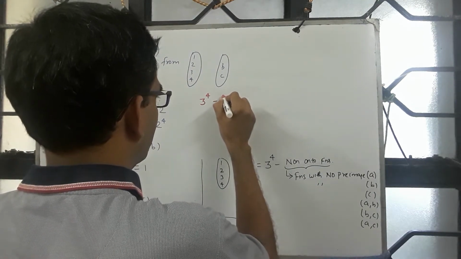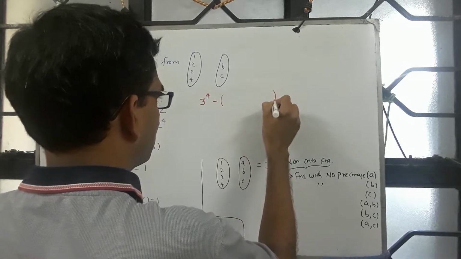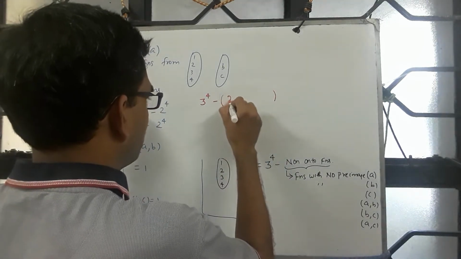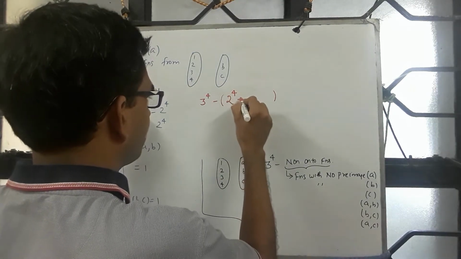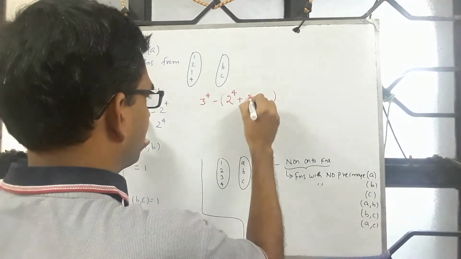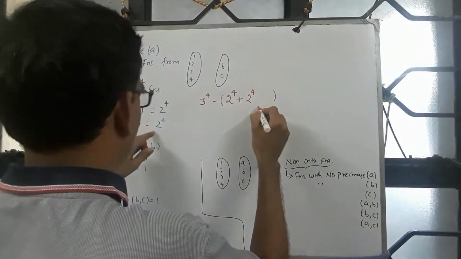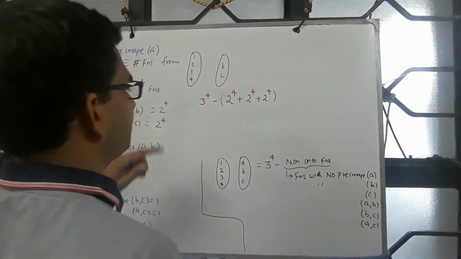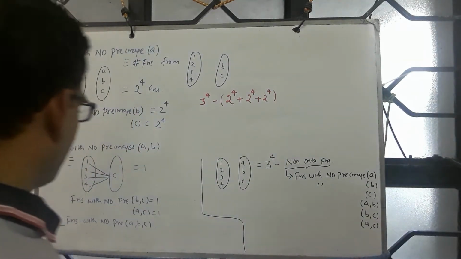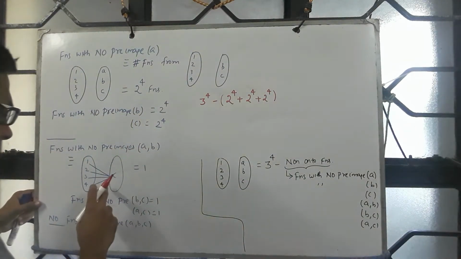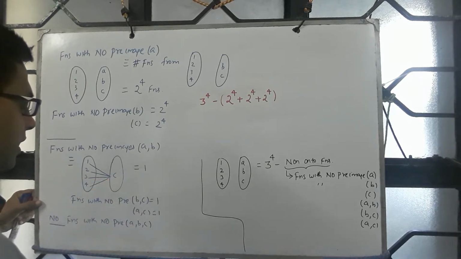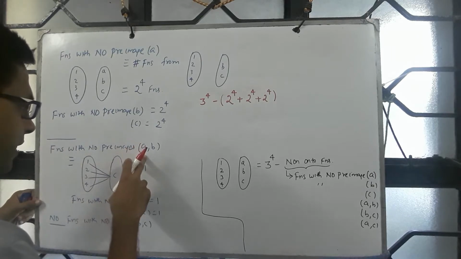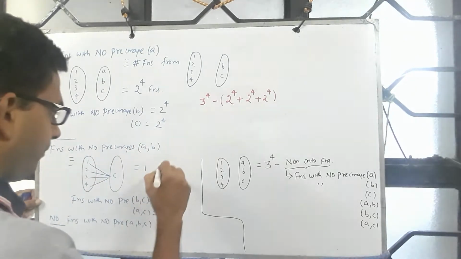Please note in this I will have to subtract functions with no pre-image for A and no pre-image for B and no pre-image for C.